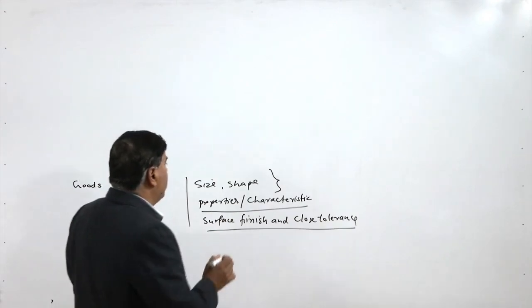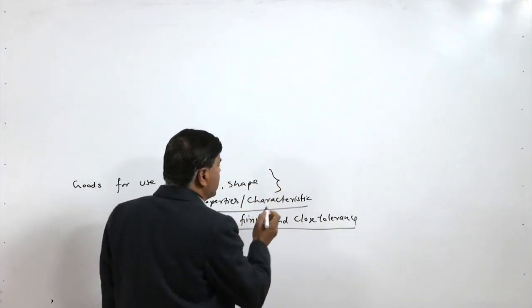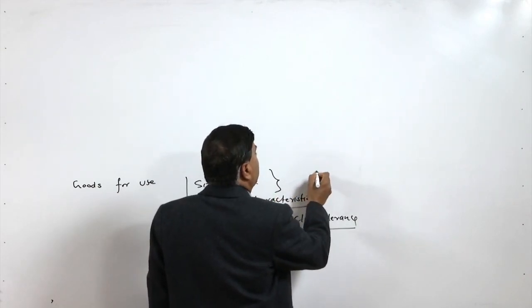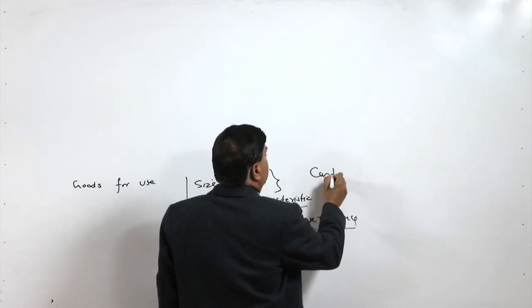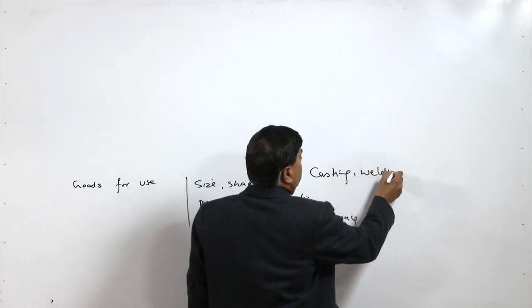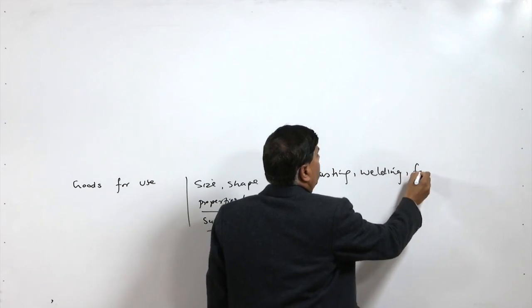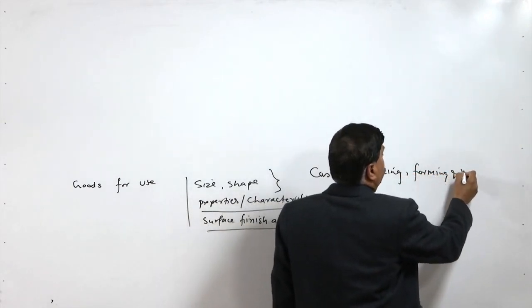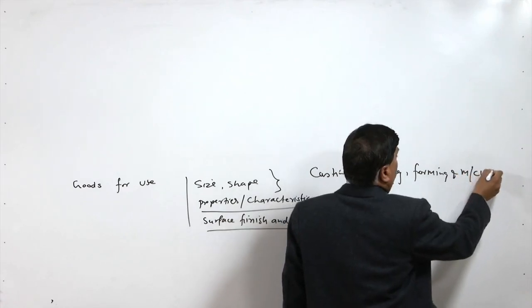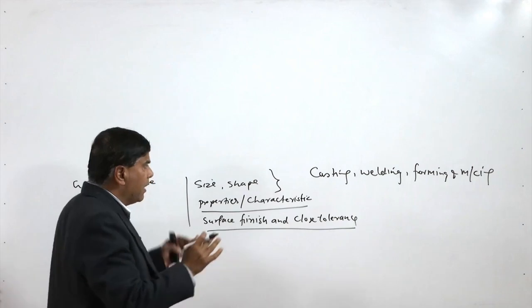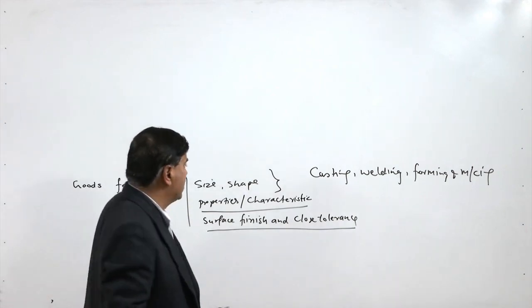For sizing, we can use processes like casting, welding, forming and machining. These are the most common processes for achieving the desired size and shape.